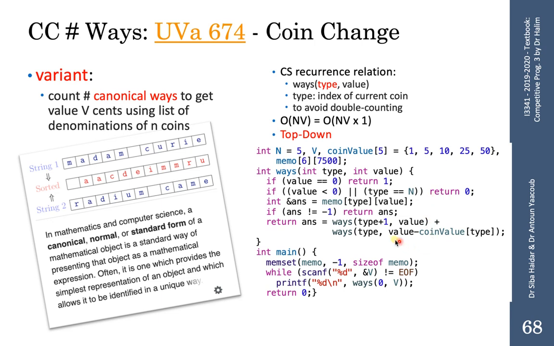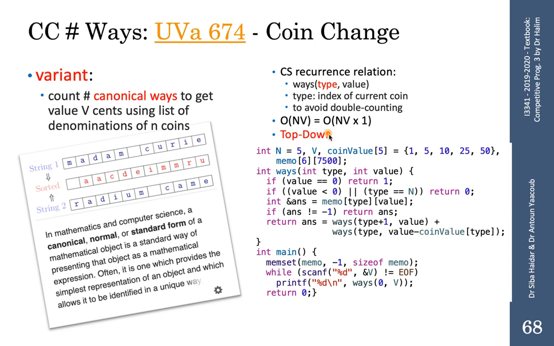So if I decided to take one piece of this value, the remaining value to be represented will be value minus coin value of this type. But the next state type will remain the same type, because I have an unlimited supply, so I can decide next maybe I take another 25. So this is an order of one operation for each state.